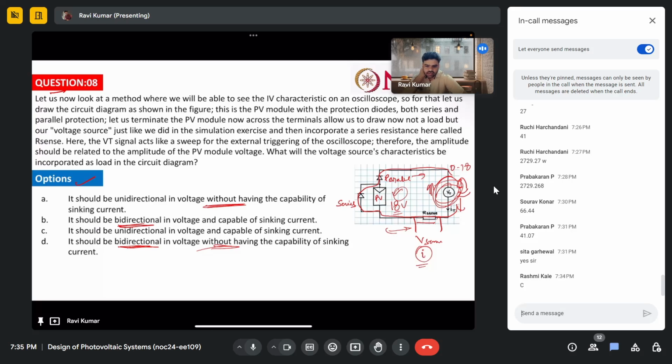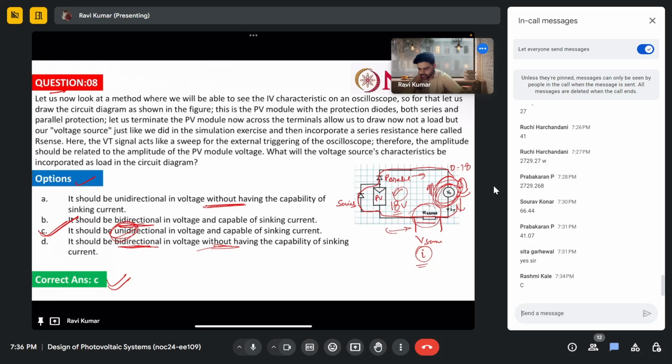So that's why it should be unidirectional and also capable of sinking current, meaning the extra current it should sink in. Otherwise this resistance can blow up because a large current can flow. So yes, this is the right answer here, capable of sinking current and unidirectional. Option C is the right answer.